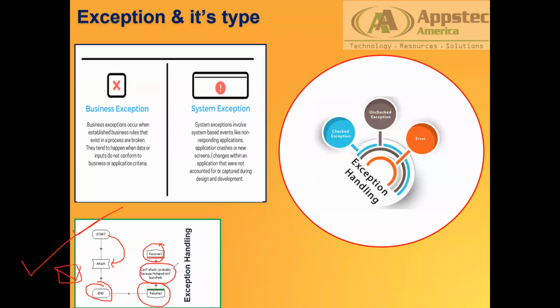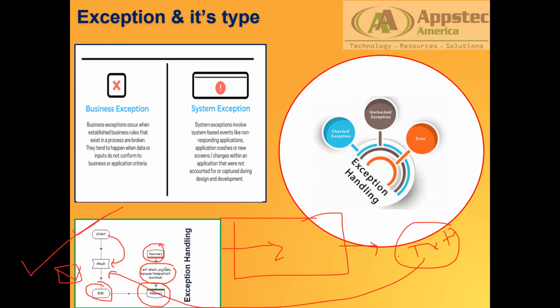Probably the notepad is not launched. So let's say there was a process where I need to open the notepad, copy the text, save the notepad as .txt and attach it back to the email. What if, one fine day, my system's notepad is not responding? That means there is a disruption to the process because of an application issue.